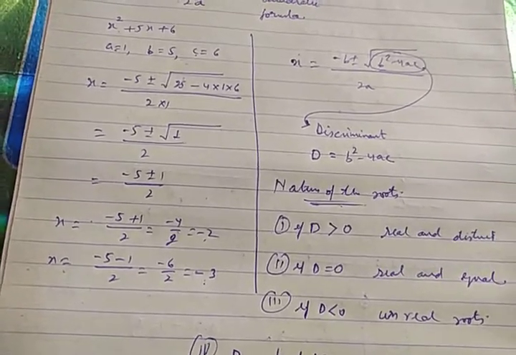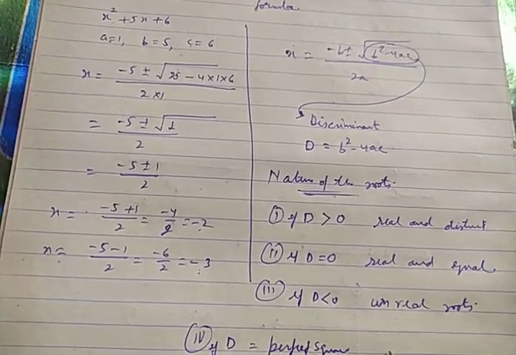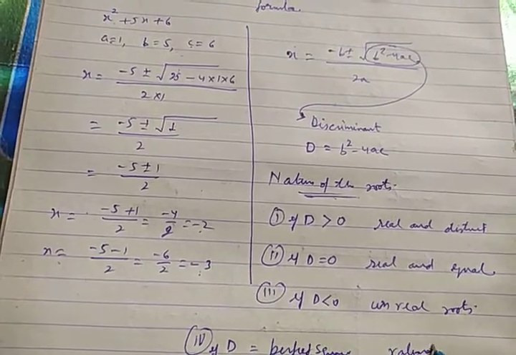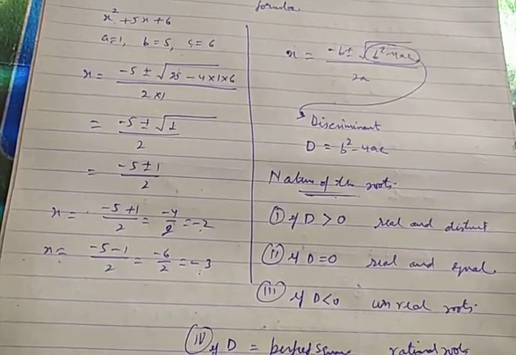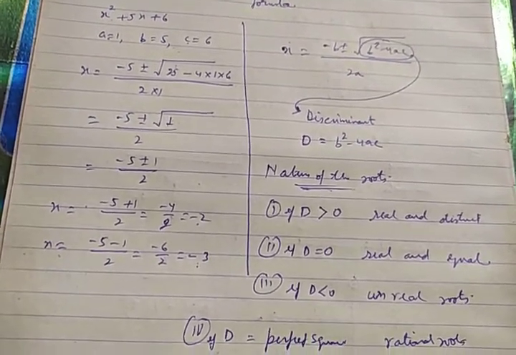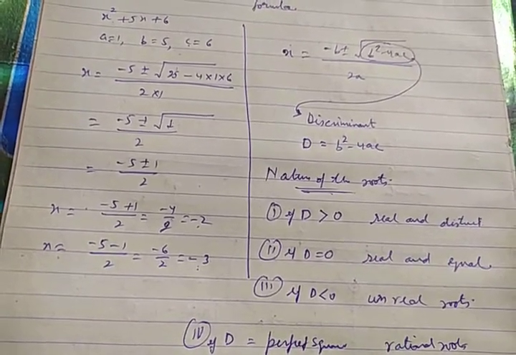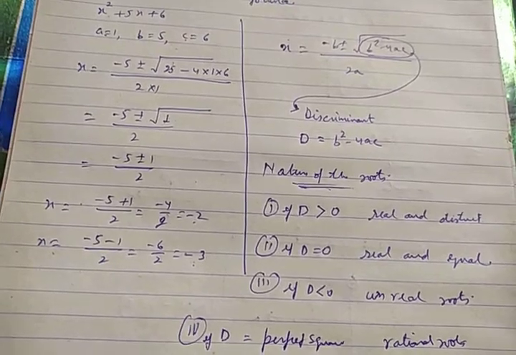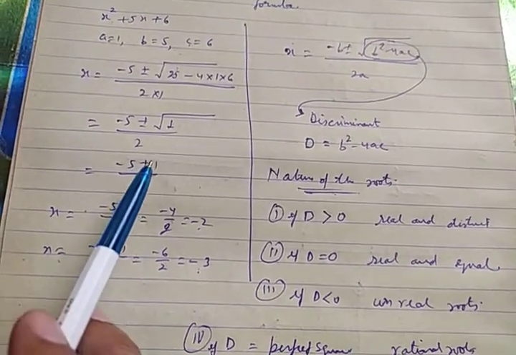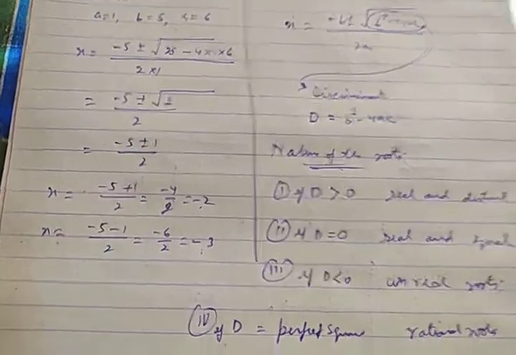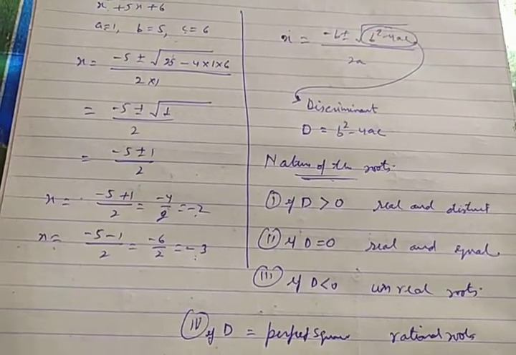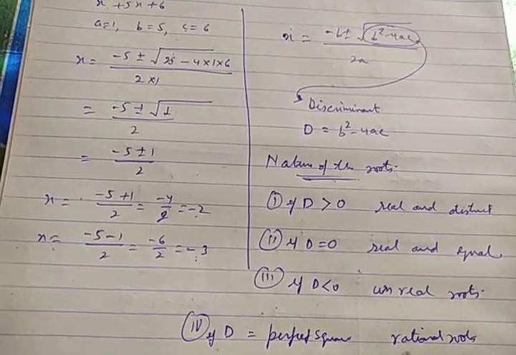If D is a perfect square, you will say rational roots. If D is an imperfect square, meaning situations like 3, 5, 7, 11 etc., where the root cannot be solved, then we will say irrational roots.